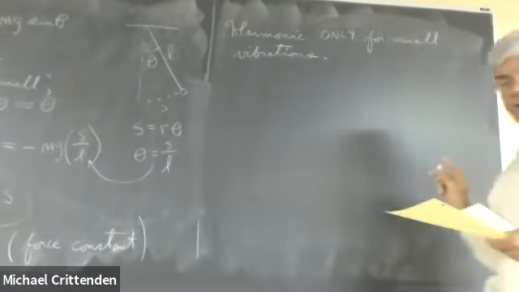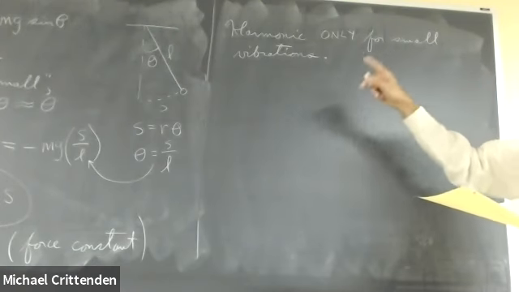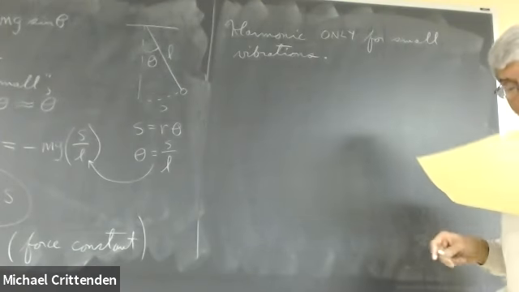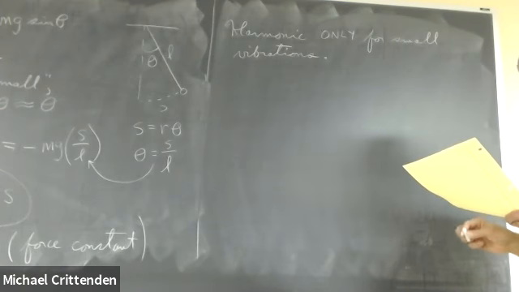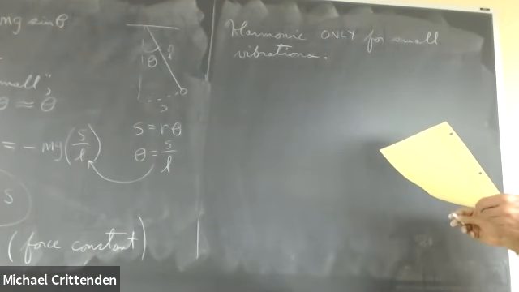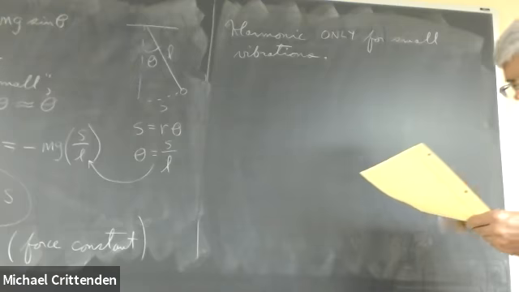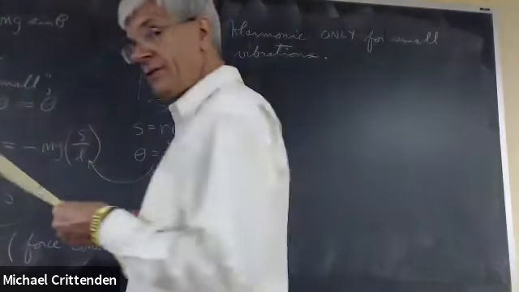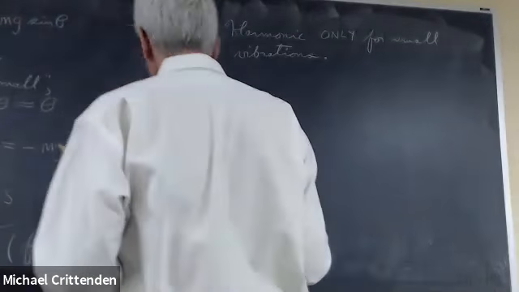So a pendulum is harmonic only for small vibrations. You would do well to keep that in mind as you do the lab, if the amplitude is in fact small.